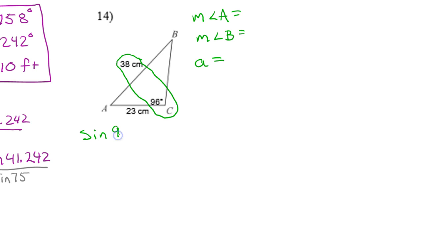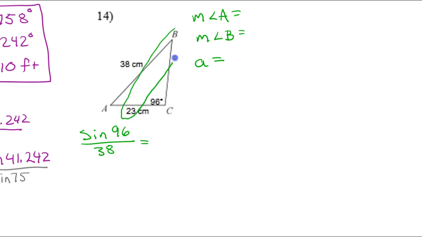Sine of 96 over the 38 should be the same as any other pair of angle and opposite side. Let's see, the only other number we're given is the 23, and that's across from angle B. So let's go ahead and set it equal to that ratio.